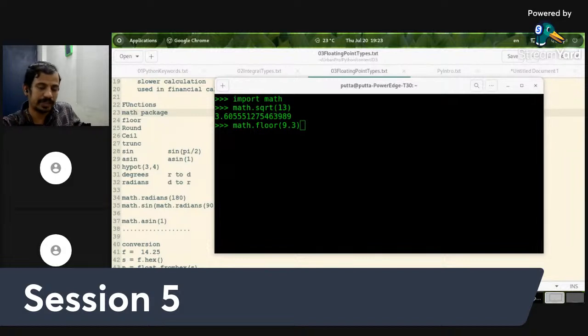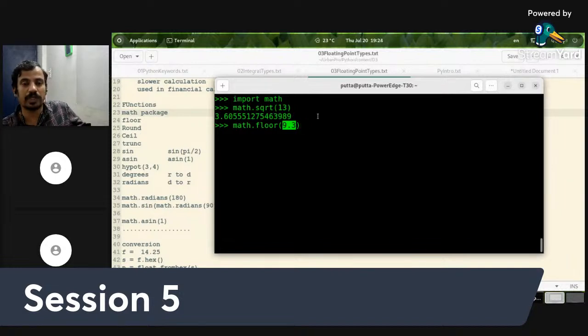So the floor function always gives you the nearest integer that is smaller than the value given. For 9.3, there are two integers that are closer: one is integer 9, another is integer 10. But among them, it always gives the lowest integer.